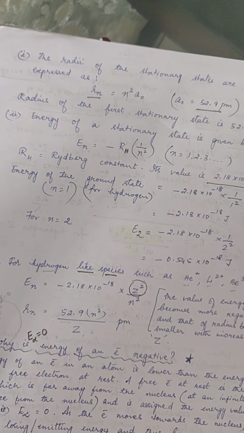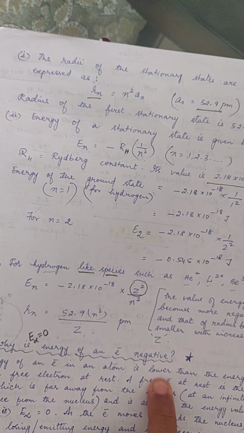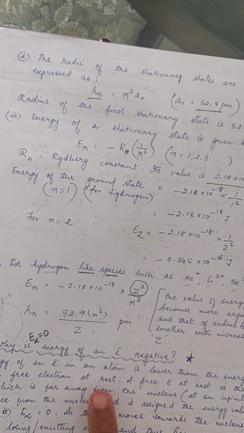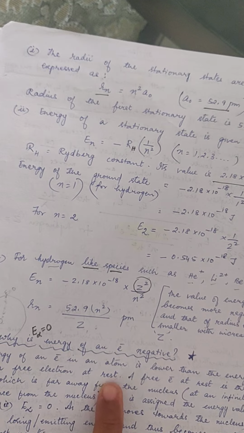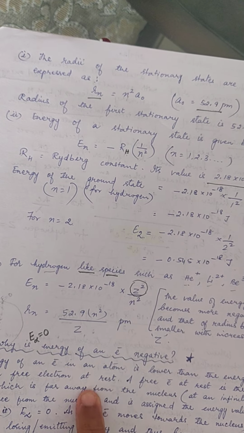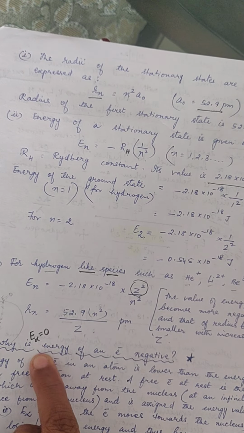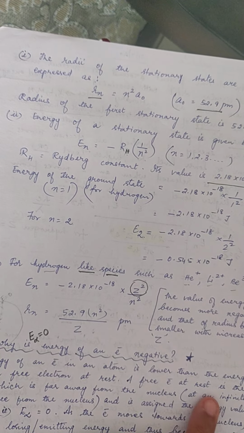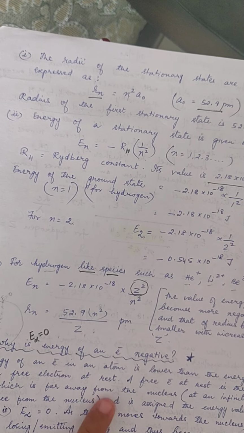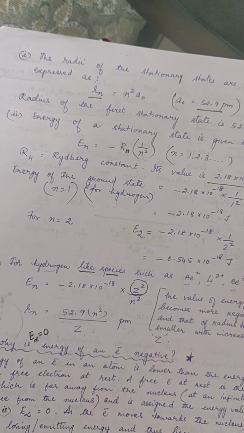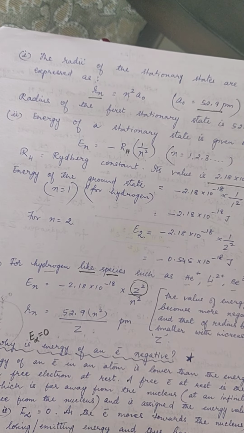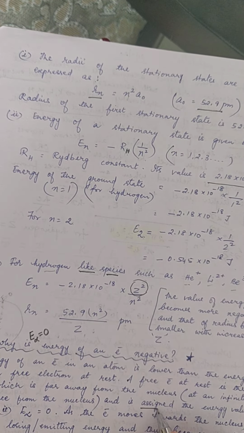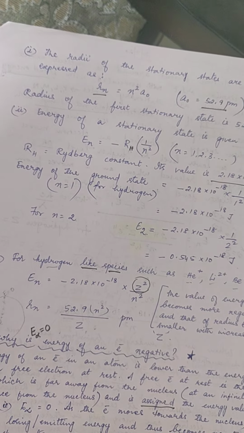Energy of an electron in an atom is lower than the energy of a free electron at rest. Free electron at rest is what I consider as E infinity. A free electron at rest is the electron which is far away from the nucleus, that is at an infinite distance from the nucleus, and it is assigned the energy value 0.